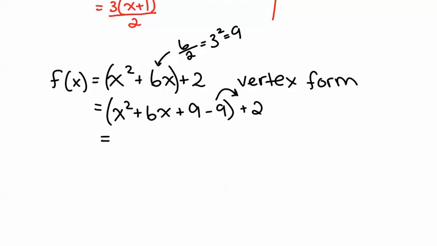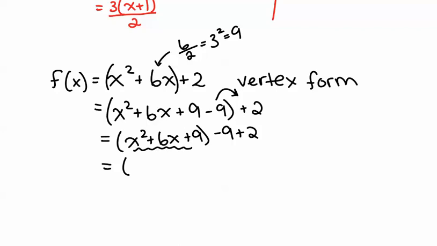I want to pull this minus 9 out, so I've got x squared plus 6x plus 9 minus 9 plus 2. Then I'm going to factor this into x plus 3 squared, minus 7. That's what it looks like when you put it into vertex form.